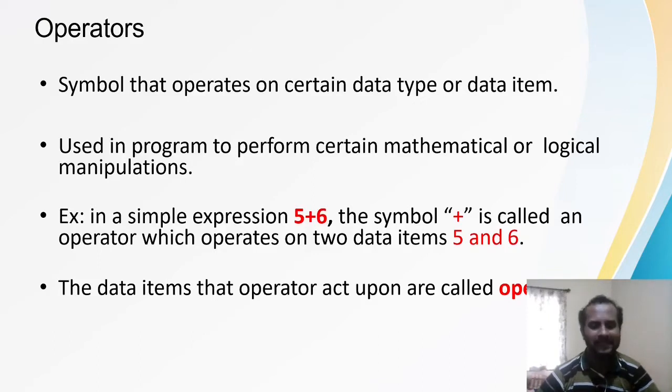So 5 and 6 are the operands, and plus, which is used to manipulate the two data items, is called an operator. The data items that an operator acts upon are called operands.